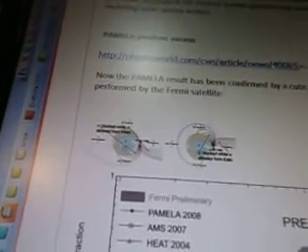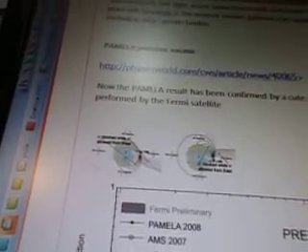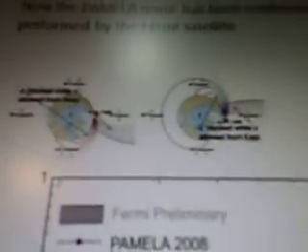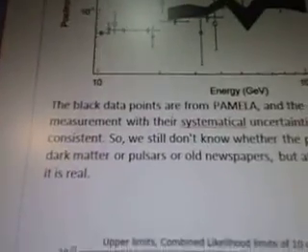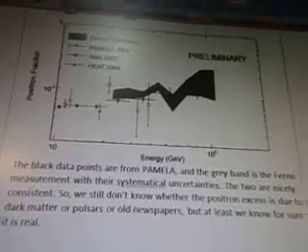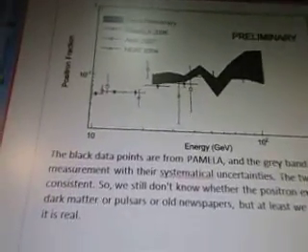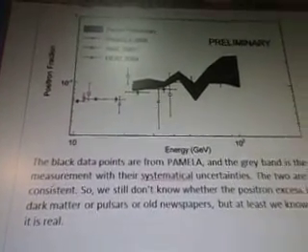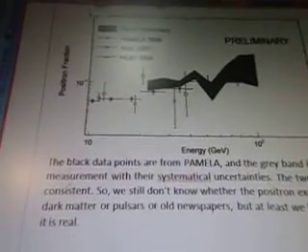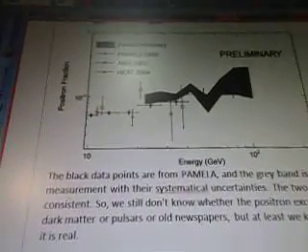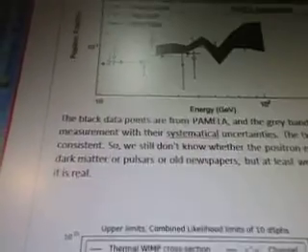So I Googled that. Now the Pamela result has been confirmed by an accurate measurement performed by the Fermi satellite. And there it shows, blocked from the west, allowed from the east, preliminary. The black data points are from Pamela, and the gray band is the Fermi measurement. With their systematic uncertainties, the two are nicely consistent, so we don't know whether the positron excess is due to dark matter or pulsars or old newspapers, but at least we know for sure it is real.